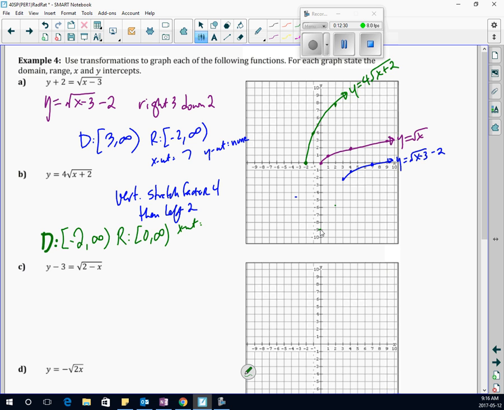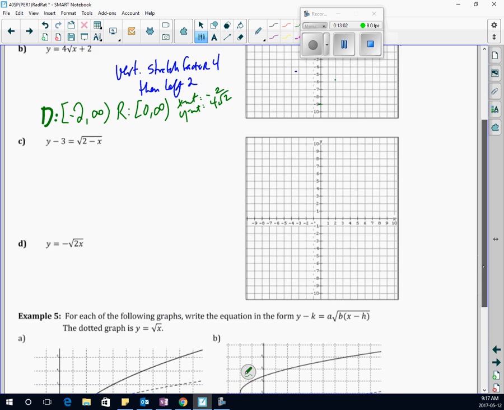My y-intercept is, ooh, not quite sure. So what do I do then? You plug in 0 for your x. So what do I get? 4 root 2. Exact values, right? Everybody see that? Plug 0 in for x. 0 plus 2 is 2, root 2 times 4 is 4 root 2.